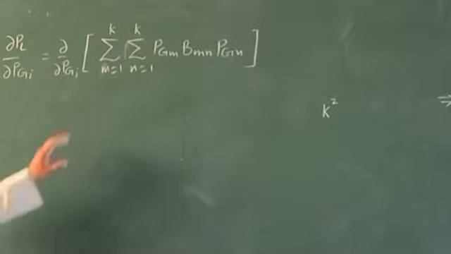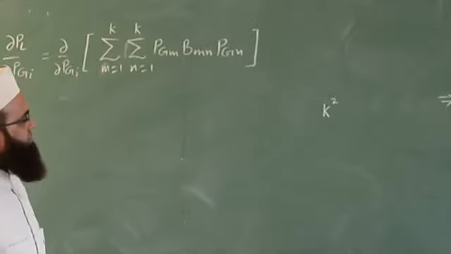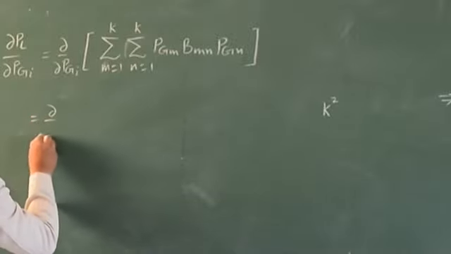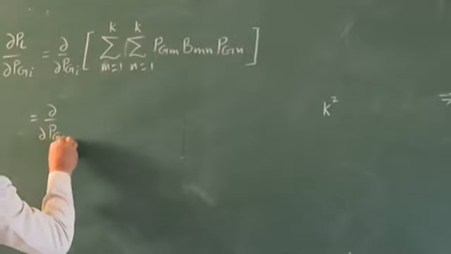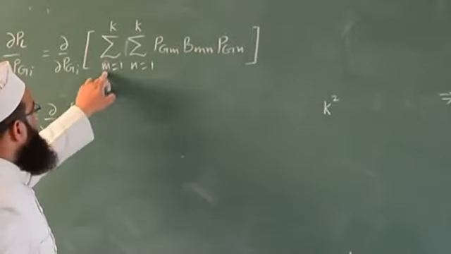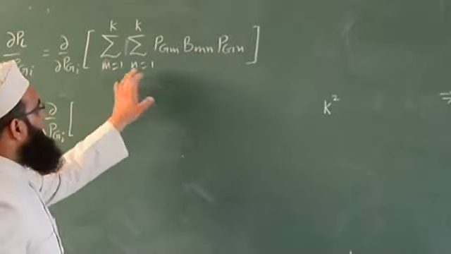So, writing one more step, this will be del upon del PGI. Remove m is equal to I and n is equal to I, that will give PGI.